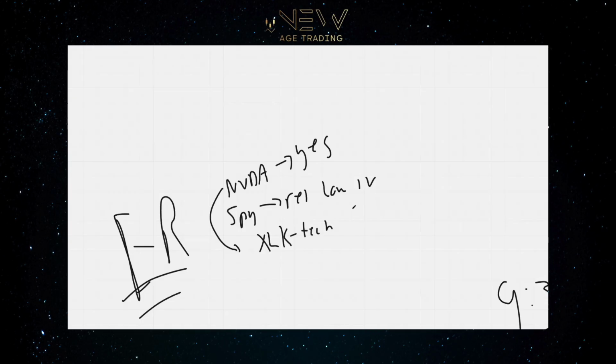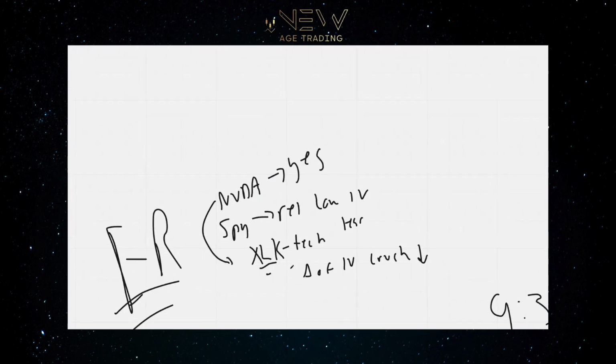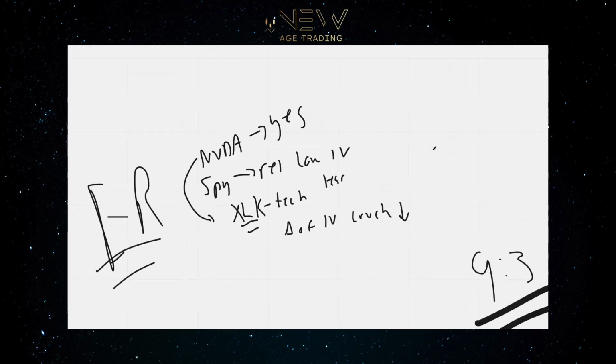It's going to have less. So what does that mean? Your chance of IV crush is decreased. So if you're going to take a lotto, why don't you just take the sector one? See how that works? Anyone ever hear of that before?